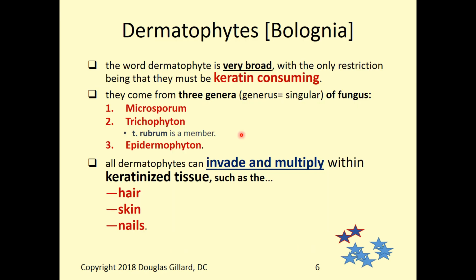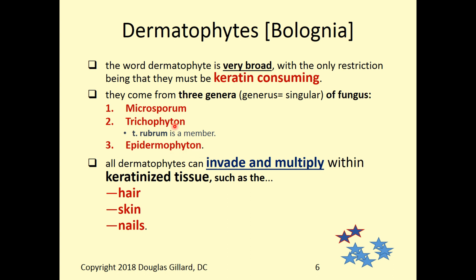Okay, as we said, the word dermatophyte is really very broad because it can be many, many different types of keratin-consuming fungi. There are 3 classes or genera that these bugs come from: the Microsporum class, the Trichophyton class, and the Epidermophyton class.